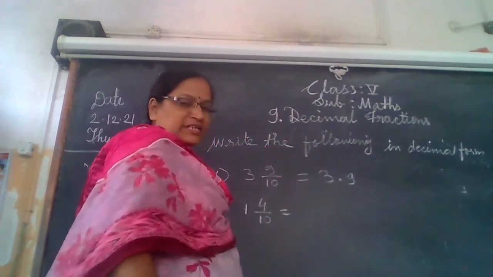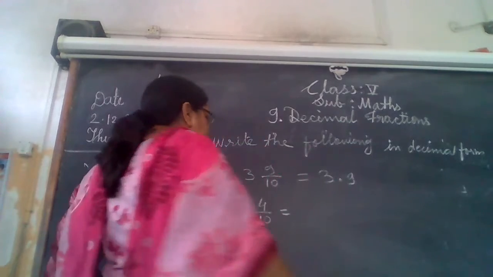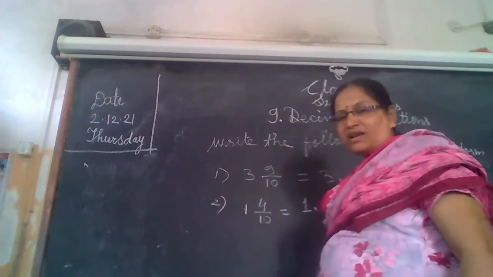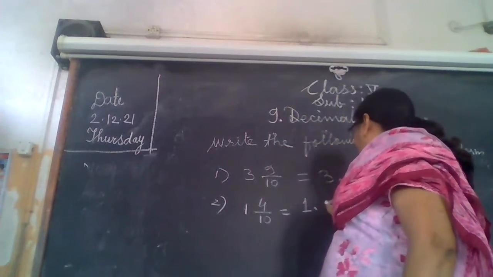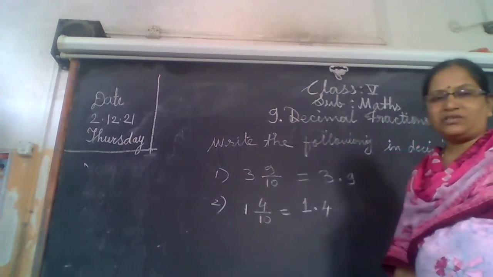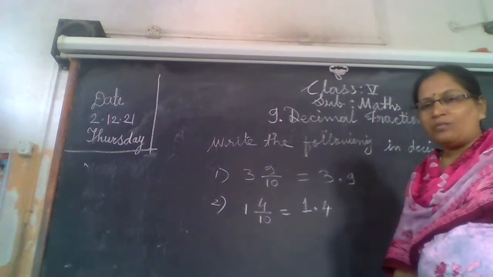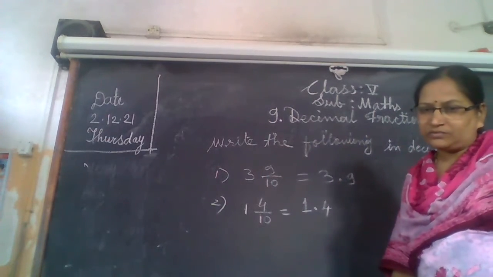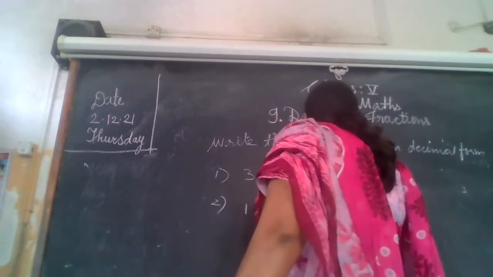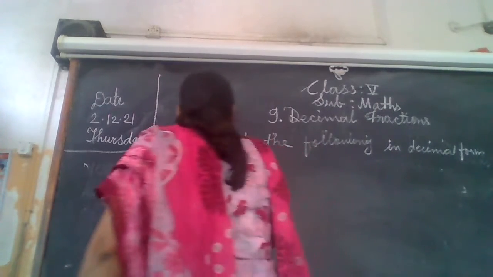It is 1 integer 4/10. So here the whole number is 1, and 4/10. 1 and 4/10, or you can say 1.4. Okay, so I am giving you some homework to solve. The same question you have to solve.